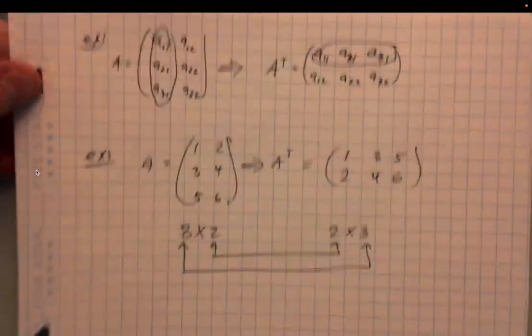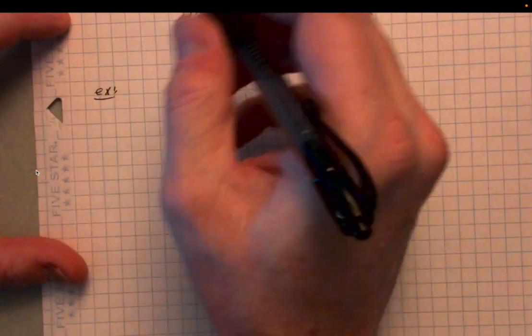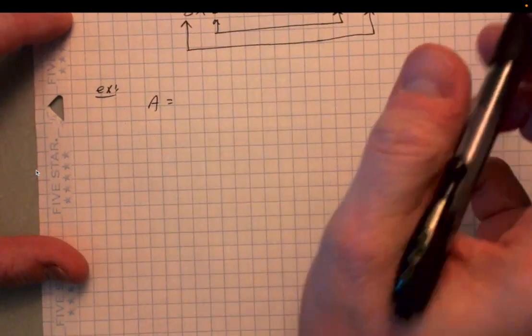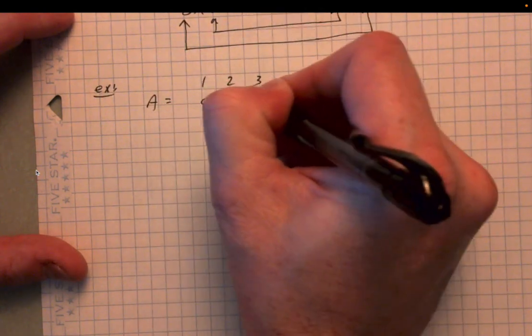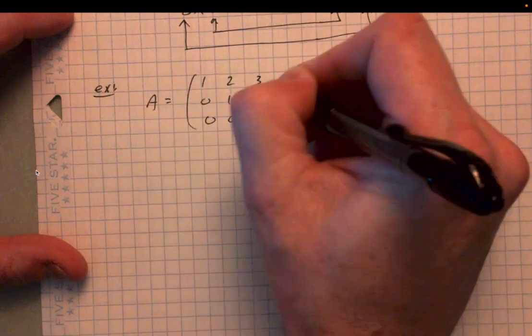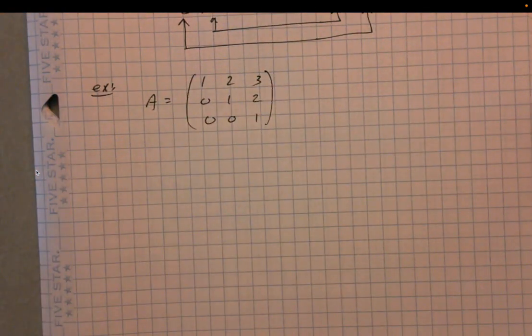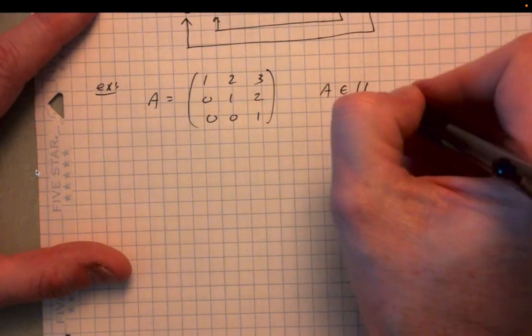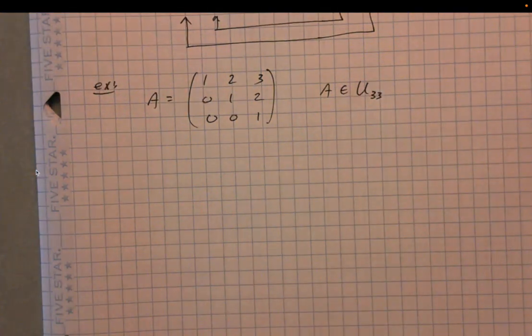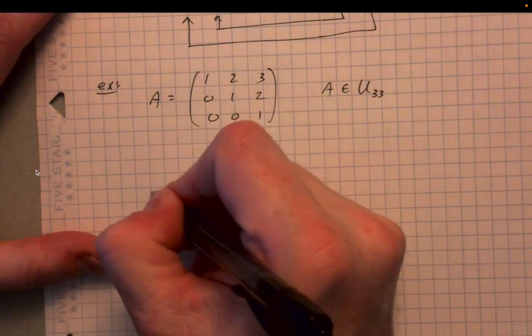Let's do another example. Let's say A is upper triangular: 1, 2, 3, 0, 1, 2, 0, 0, 1. So A here is in the upper 3 by 3 collection, the set of all 3 by 3 matrices that are upper triangular. Then what happens with the transpose?